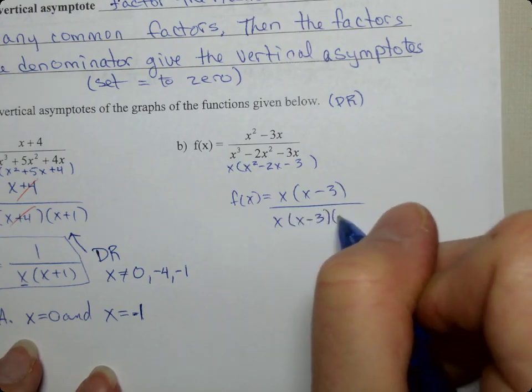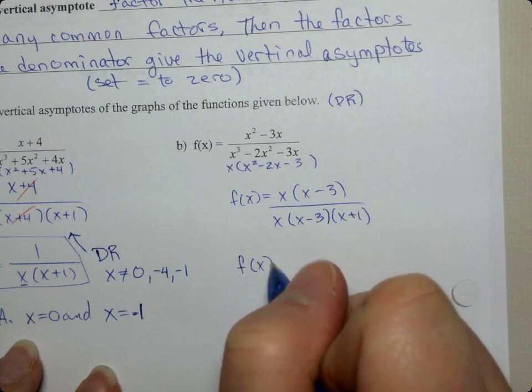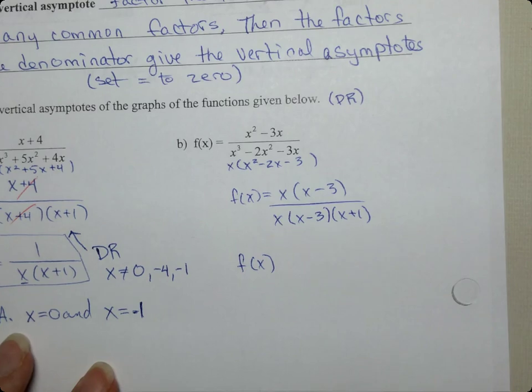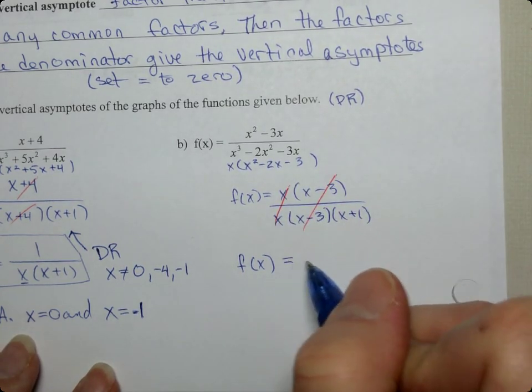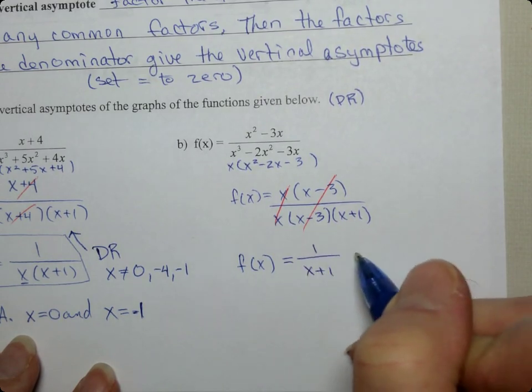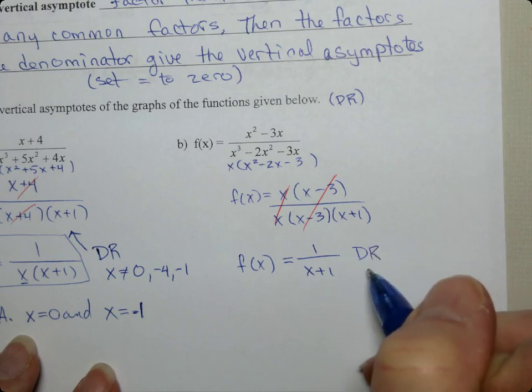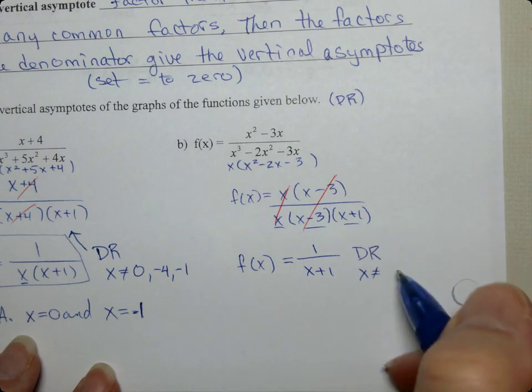Do you have a -3 and a +1? So what does this simplify to? Yeah, the x's and the x minus 3 cancel. You might have something still left in the numerator, but this is 1 over x plus 1. What are your original domain restrictions? X cannot equal 0, 3, or -1.